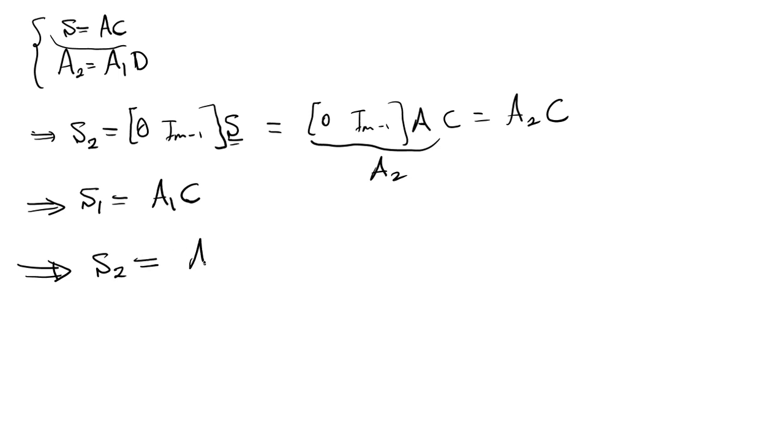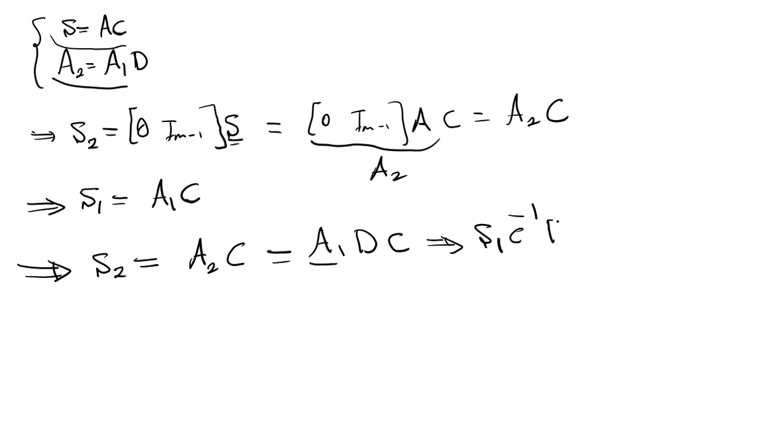S2 equals A2 C. A2 equals A1 D, and A1 equals S1 multiplied by C inverse. So S2 equals S1 C inverse D C. I define C inverse D C as matrix Phi. Phi equals C inverse D C.